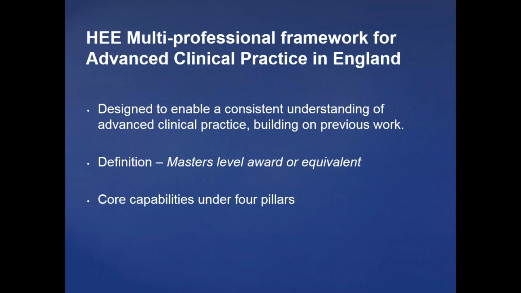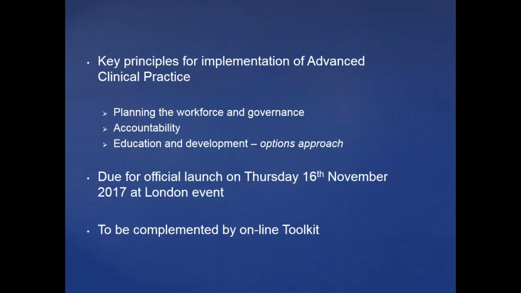The capabilities have been developed and refined, particularly in the light of a lot of feedback about different aspects of advanced practice in relation to social care, not necessarily a direct clinical focus. How could that be encompassed? How can we make sure we're fully reflecting not just nursing but all the allied health professions as well? So the core capabilities have been developed.